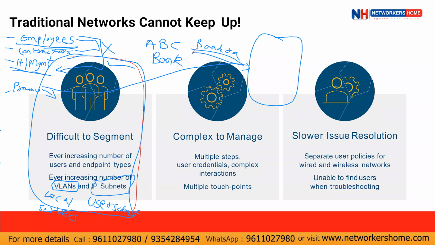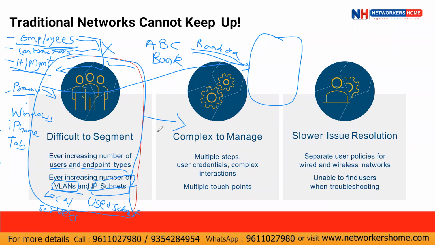So what is happening? The user and endpoint types are increasing. I get my Windows machine. I want access on my iPhone to the wireless network. Sometimes I even use my tab. Different device types, different VLANs, different subnets, right?